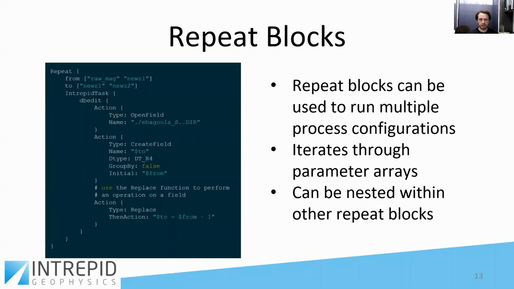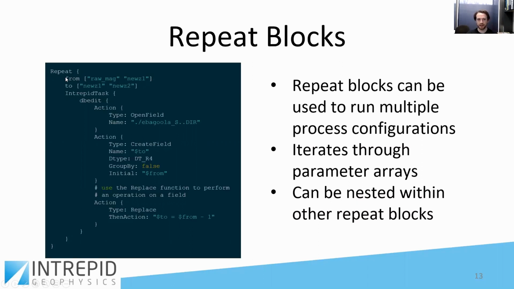So, some other features. If you want to do repeat blocks, I know you can do them in the job files. It's the same deal with the task files. You can assign a number of variables or a changing variable in this array here.